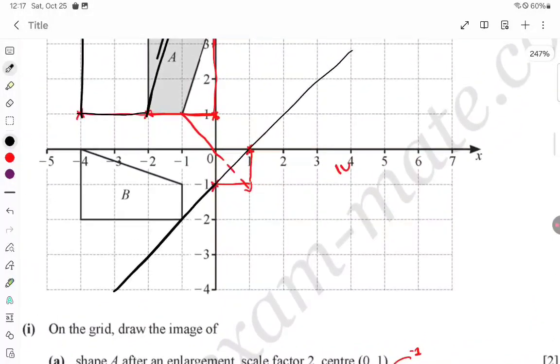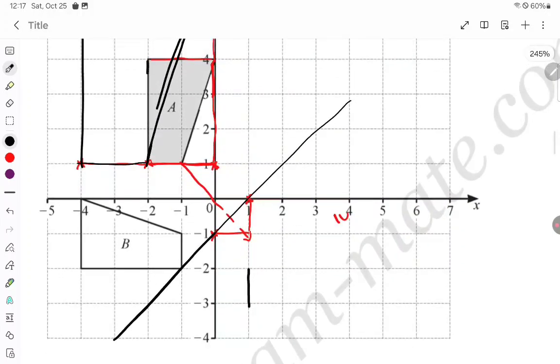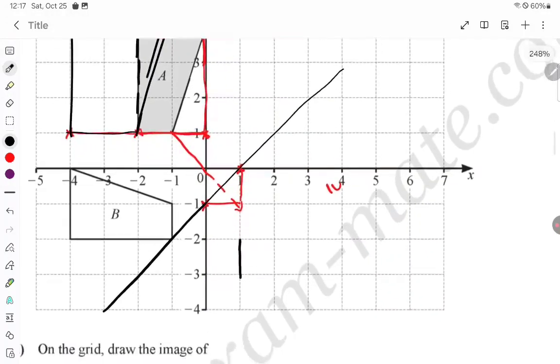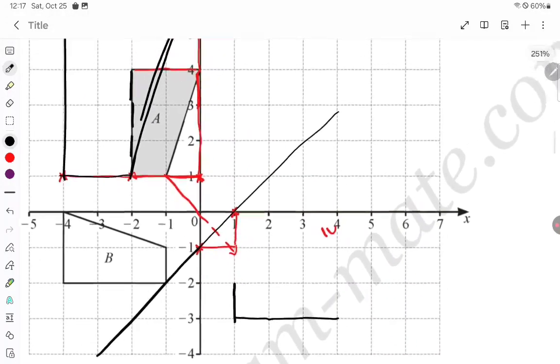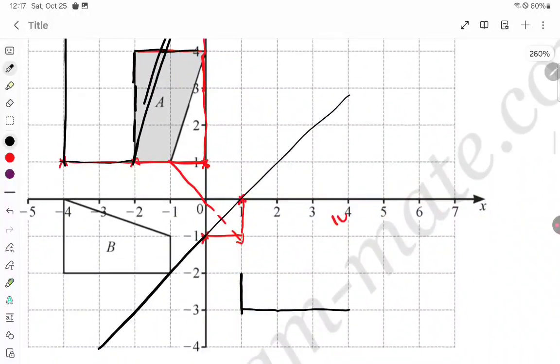Now for the points of A, this is our first point. This will become our first point, and this is 1, 2, 3, 1, 2, 3. This one is 1, 2, 1, 2. Simply connect the line. This is our reflection.